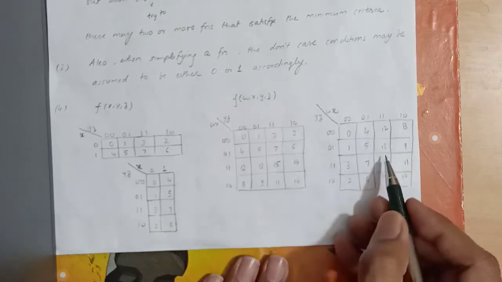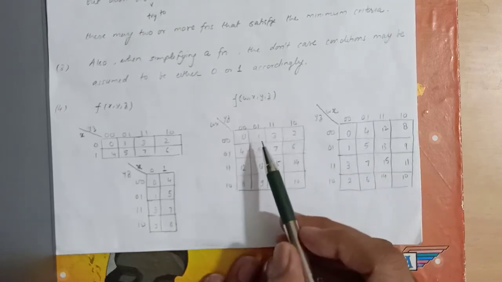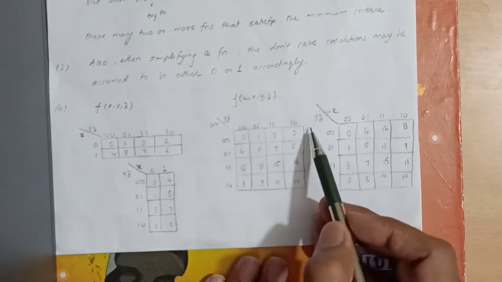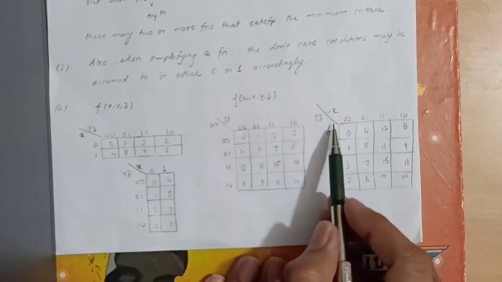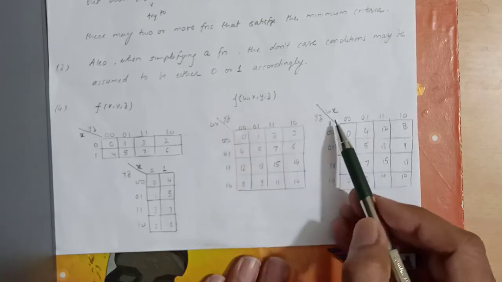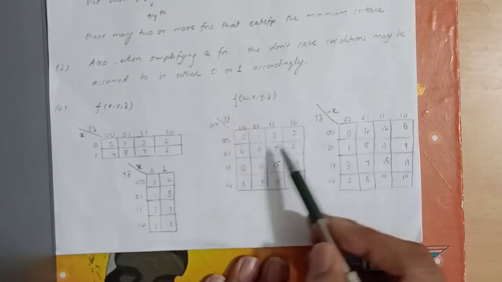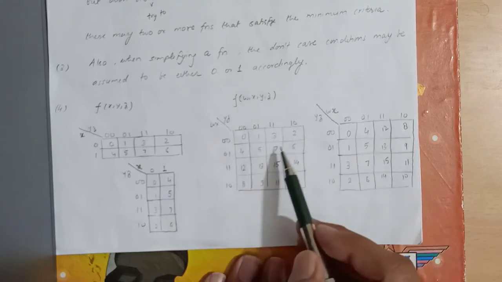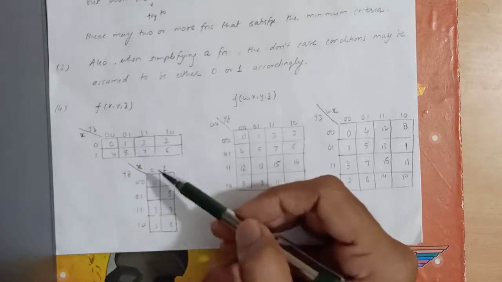So both K-maps are equivalent. Basically in these two K-maps, the order of variables is different. So do remember, whenever you are plotting any function using a K-map, you can take any one of the K-maps. Both K-maps are equivalent here also.